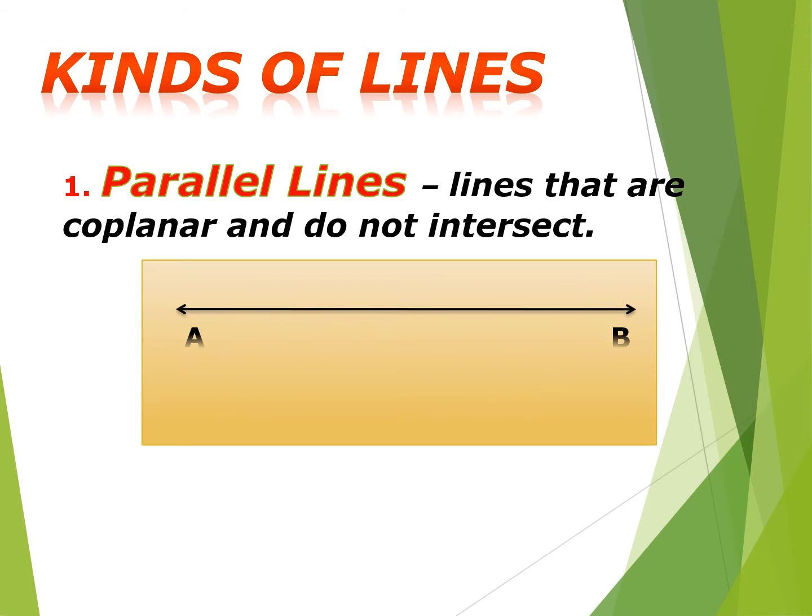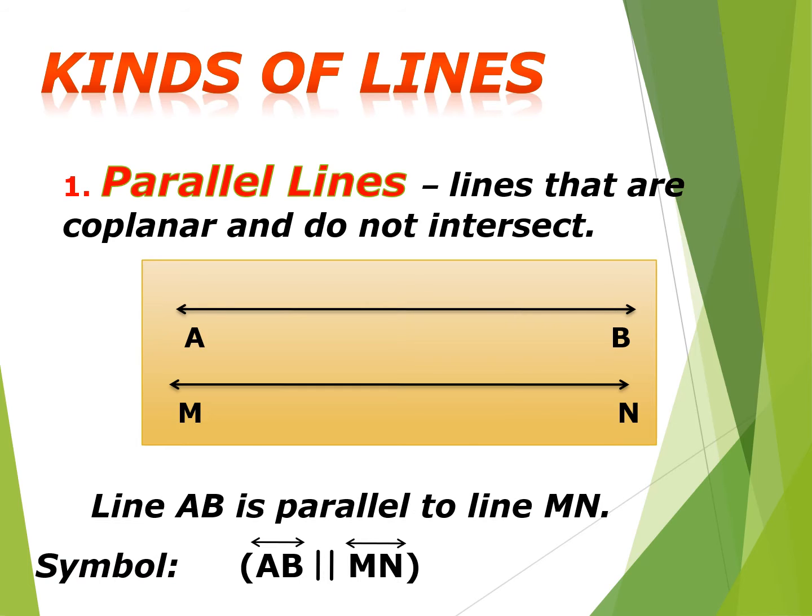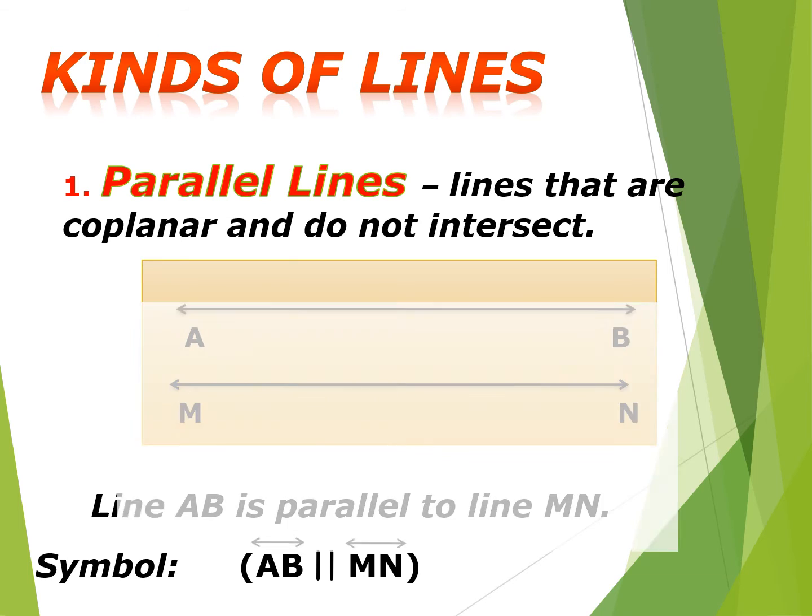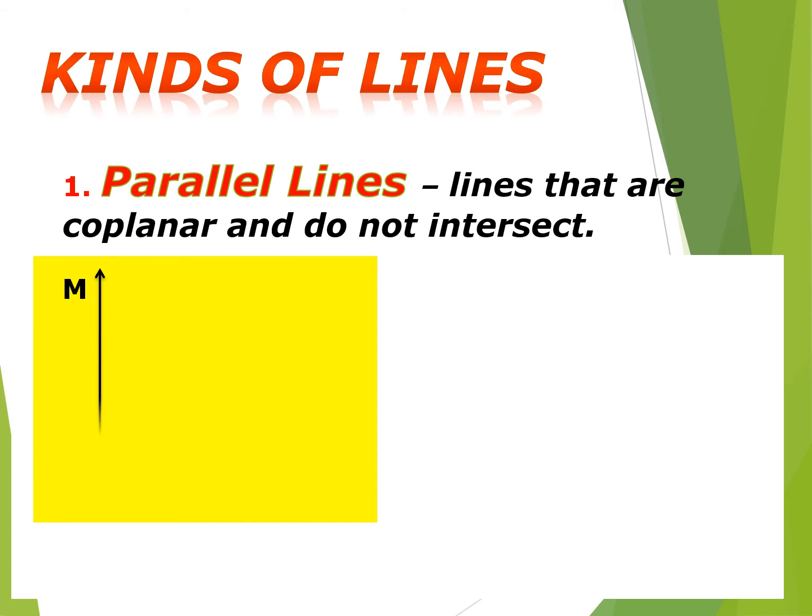If we have this line AB, that is parallel to line MN. In symbol, we have two vertical lines in between line AB and line MN, meaning that it is parallel. Next, how about this?